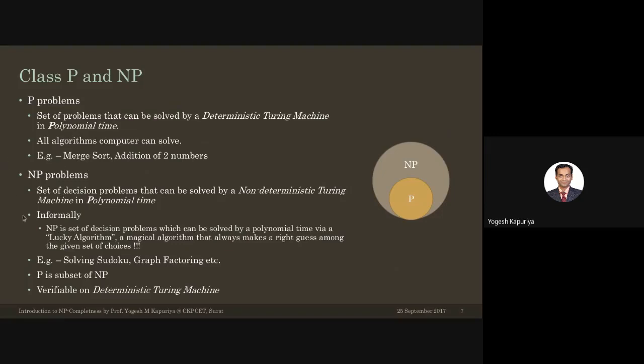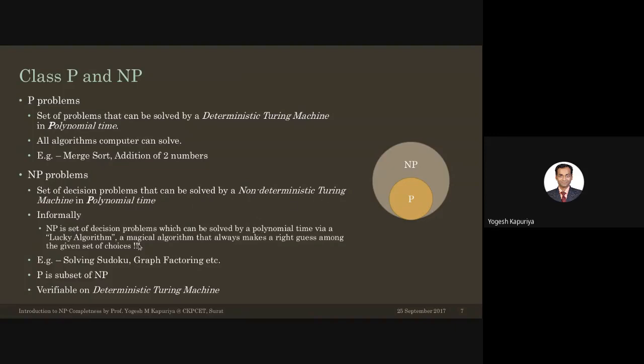Remember, these are the problems which are actually not practically executable. You cannot write the algorithm for that, or still the algorithms are not deterministic. That's why it is saying non-deterministic Turing machine.